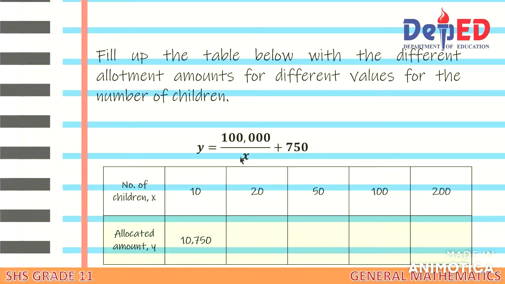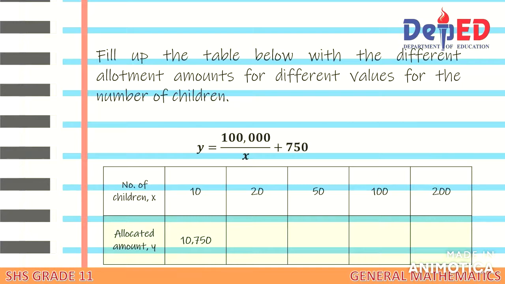Instead of dividing 100,000 by x, we are dividing 100,000 by our assigned value. Saan galing tong mga values ng x na to? Galing sa atin. Okay? Pwede ka rin mag-assign dyan ng 30. Kung gusto mo, 40. Okay?